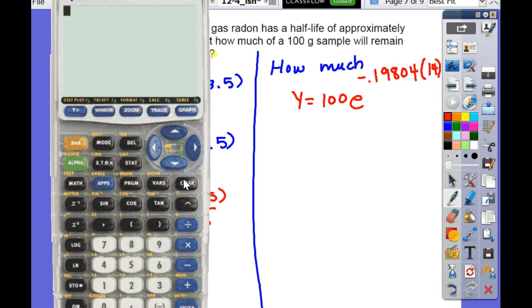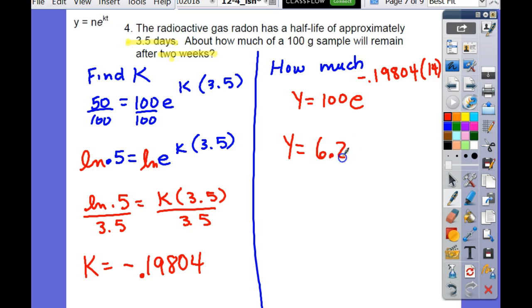And so put the equation in the calculator, negative 0.19804 times 14, and you will have 6.25. And so y equals 6.25 grams, because this one started out in grams. So this one has to end up in grams.